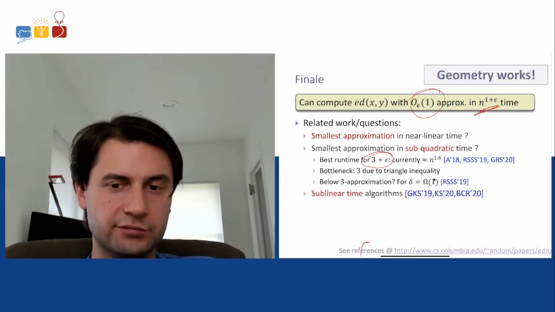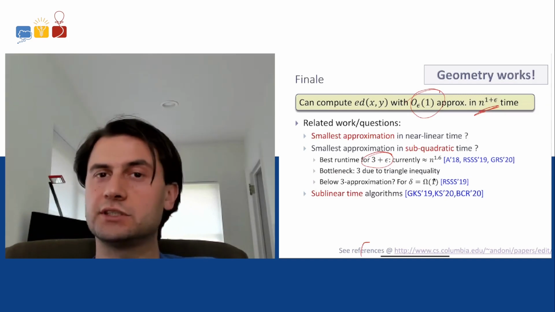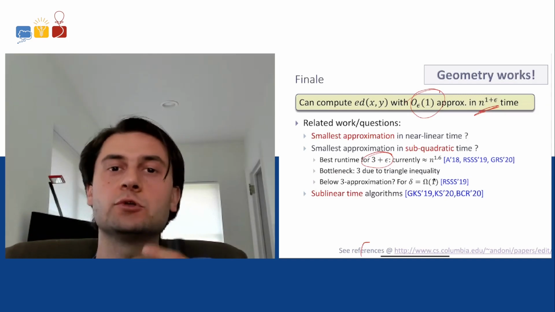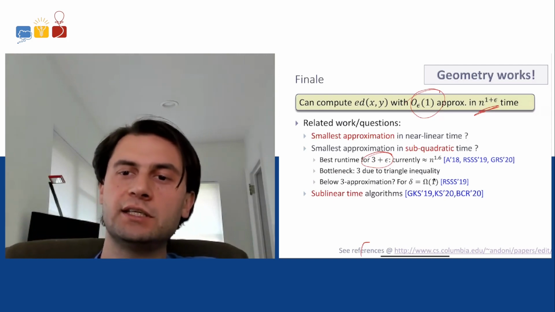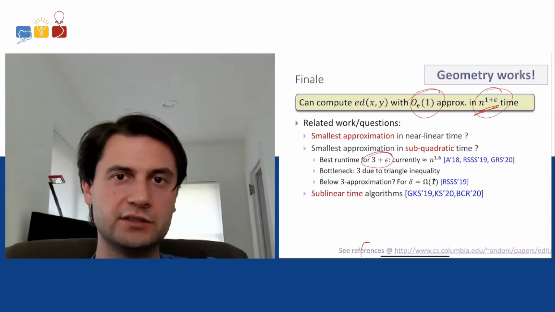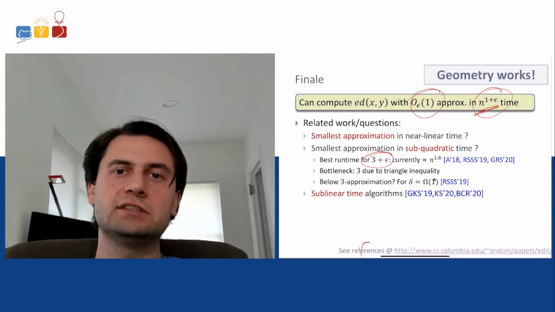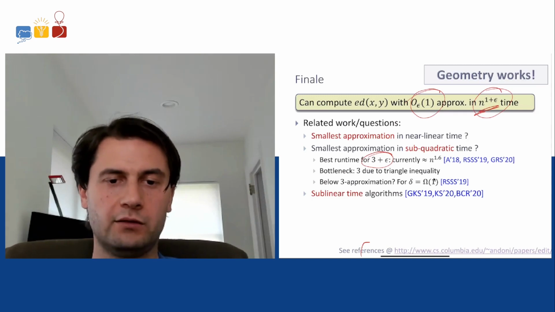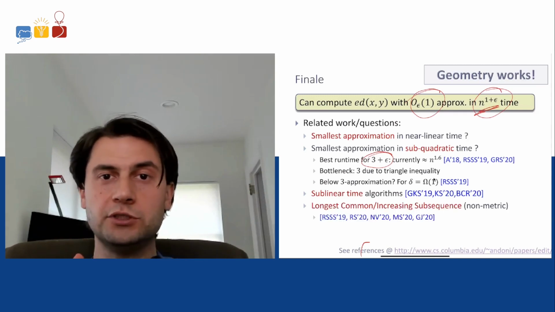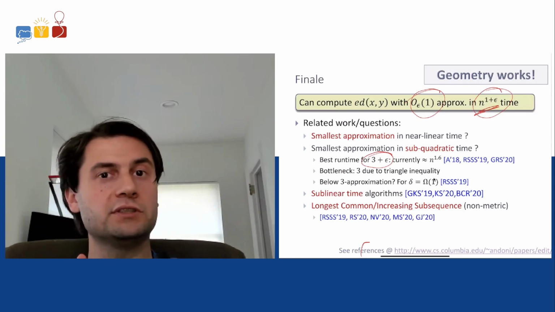Another direction that has been renewed recently is to look at sublinear time algorithms. Let's say I am okay with higher approximation as long as my time is even less than n. So I don't even read the entire strings, but I just sample them in different positions and somehow deduce whether the distance is very large or very small. Another related question is, how about computing or approximating longest common subsequence or longest increasing sequence?